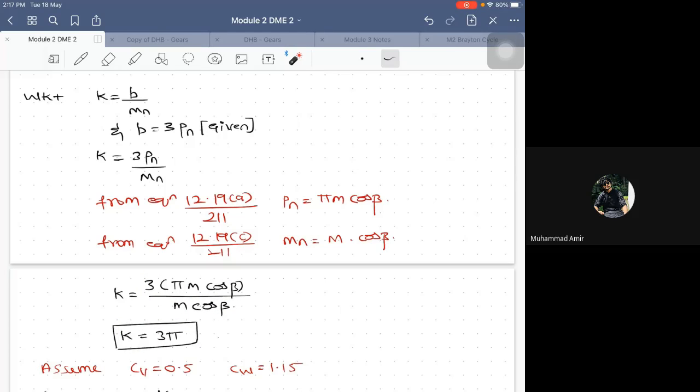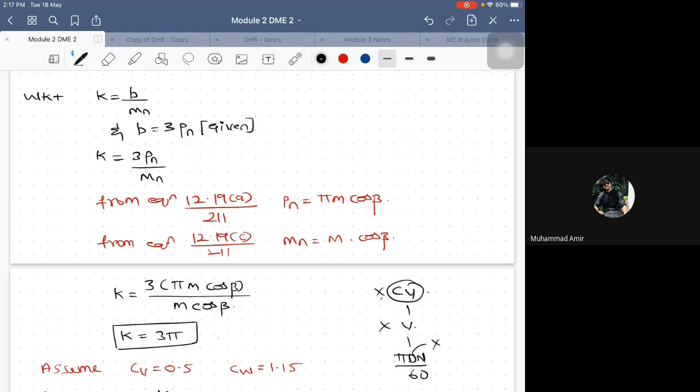Since you don't know the diameter, you cannot calculate V. If you want to calculate the value of CV, you require velocity. For velocity, it is pi d N by 60. You don't know the diameter, so you cannot calculate velocity, and thereby you cannot calculate CV.